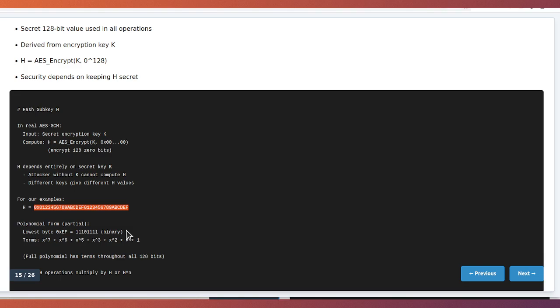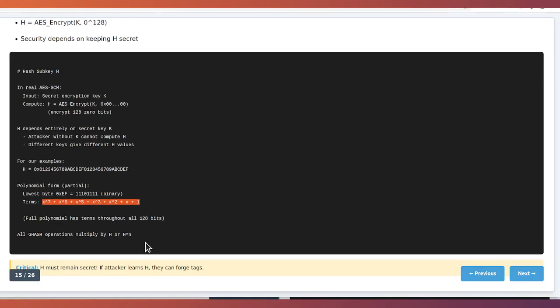Looking at just the lowest byte, 0xEF is 11101111 in binary. So bits 7, 6, 5, 3, 2, 1, and 0 are set, giving us terms x to the 7th, x to the 6th, x to the 5th, x cubed, x squared, x, and 1. The full polynomial has terms scattered throughout all 128-bit positions.